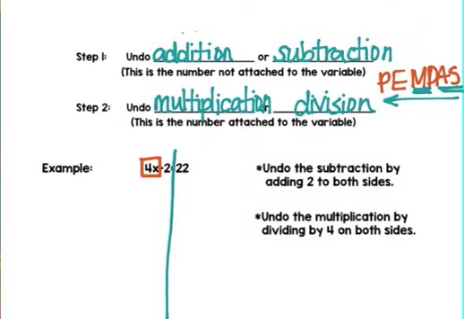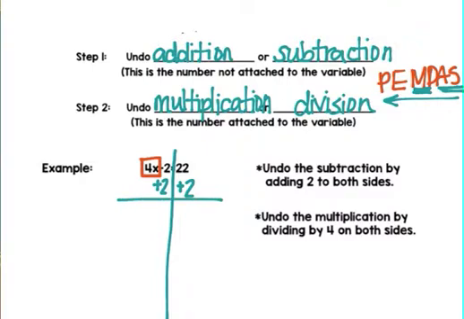So if we are following these rules and doing PEMDAS backwards, we are going to undo addition and subtraction first. I see that there is subtraction right here. It's a minus 2. So I think to myself, what is the opposite or the inverse of minus 2? Just like you were doing with one steps, the inverse of that minus 2 is to add 2. Remember, we're doing that to both sides of this equation. We're going to add 2 to both sides.